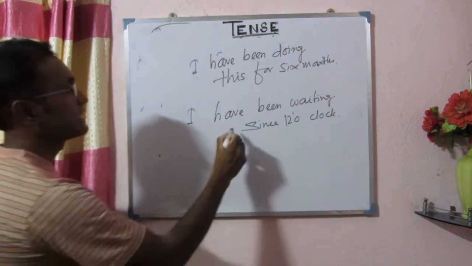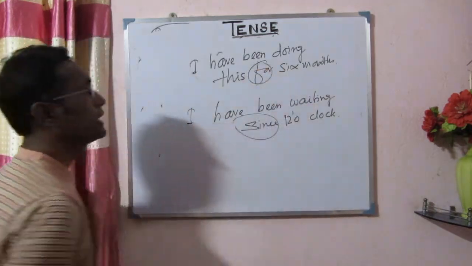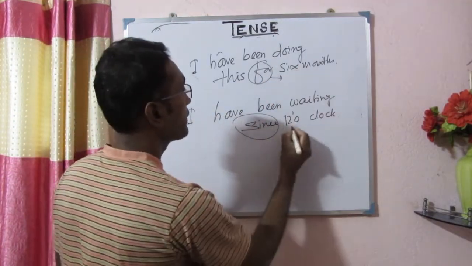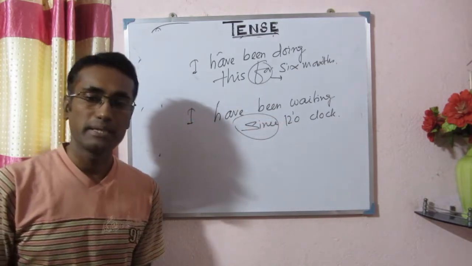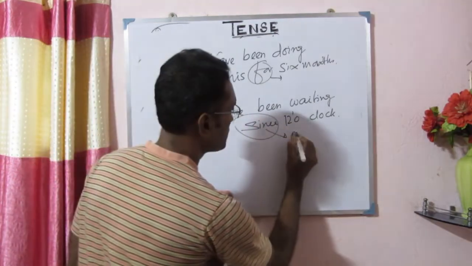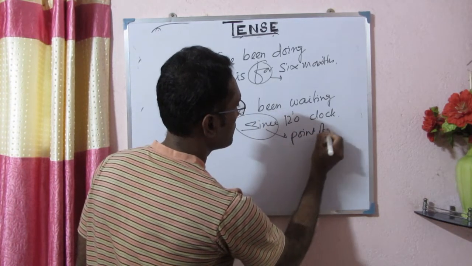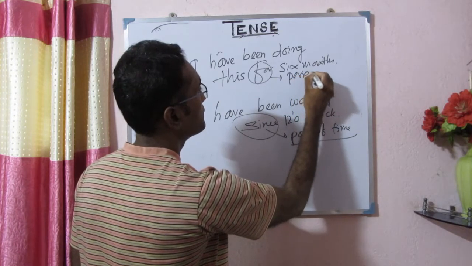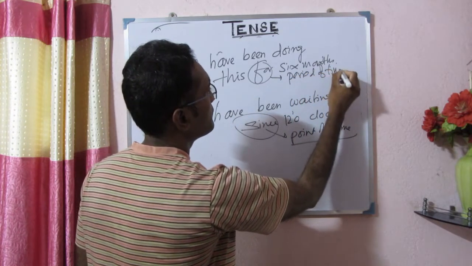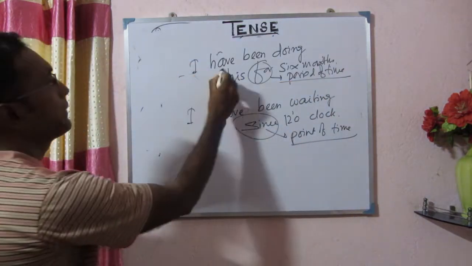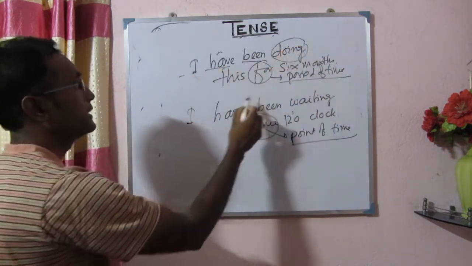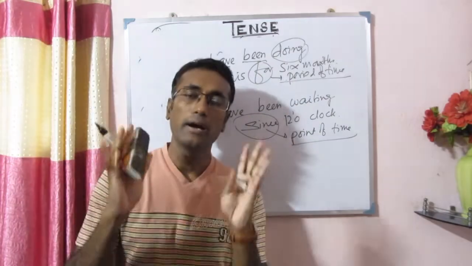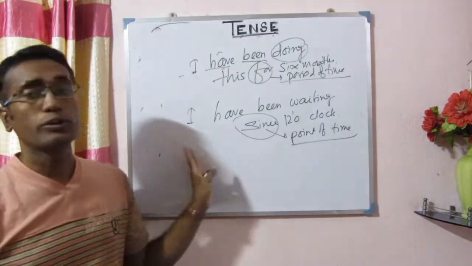So what is the difference between since and for? Always remember, for is a period of time, and since is a point of time. So I have been verb plus ing, then for is your period of time, and since is your point of time. These are the rules of present perfect continuous tense.